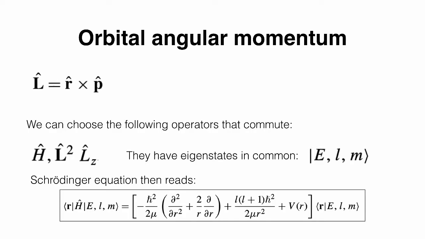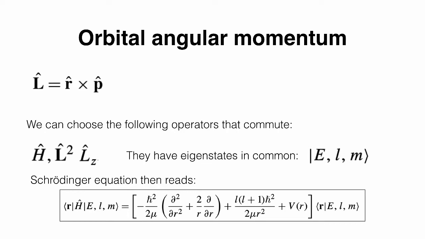In particular, the operator L, which is the orbital angular momentum, looks very much like its classical definition that you have studied in your introductory physics courses, with the caveat that we are now talking about operators. So we have the R operator and the P operator. As I just said, we can use H, L square, and LZ as a complete set of operators that commute.